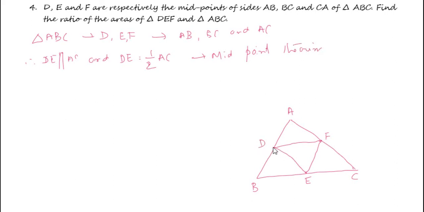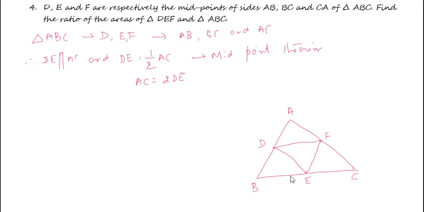If we join the midpoints of two sides of the triangle, then the line joining those two midpoints is parallel to the third side and half of the third side. So I can write here AC equal to 2 times DE.